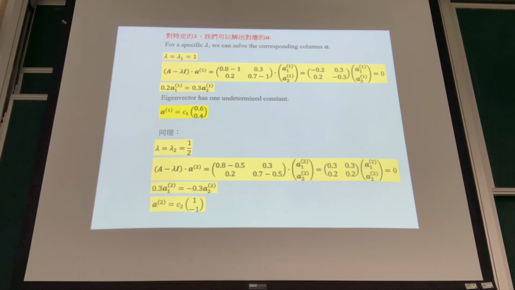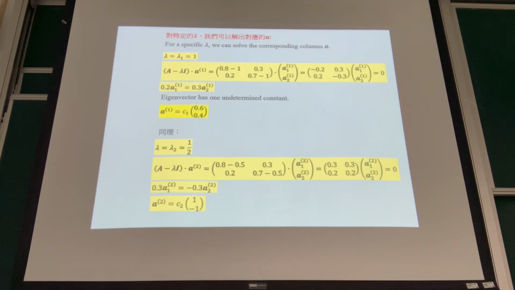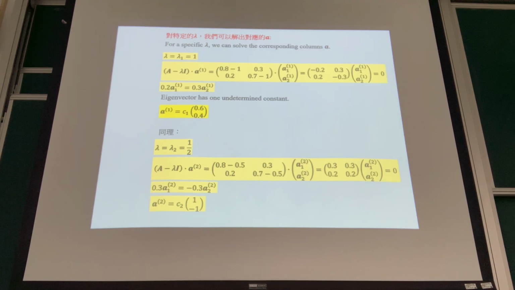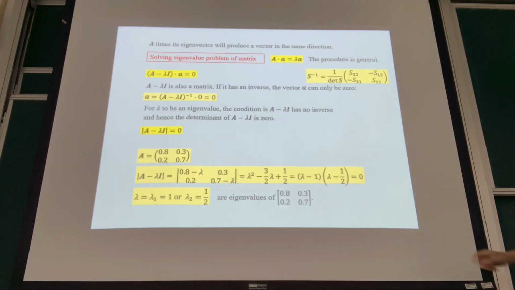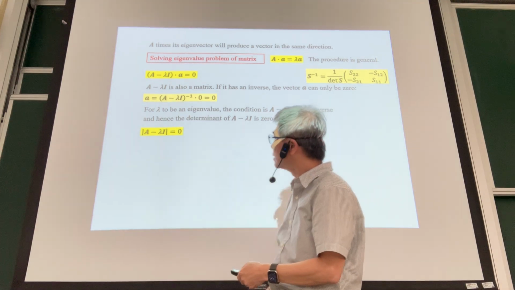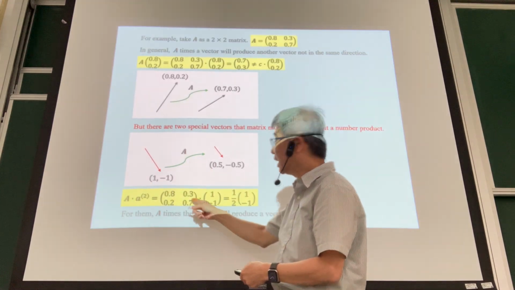Let me write a diagram again. So this is for lambda equal to 1, and 0.6, 0.4. So originally, it is this. Times A is equal to itself because lambda is equal to 1. Okay? We are talking about the same matrix. Yeah, it's the same matrix.